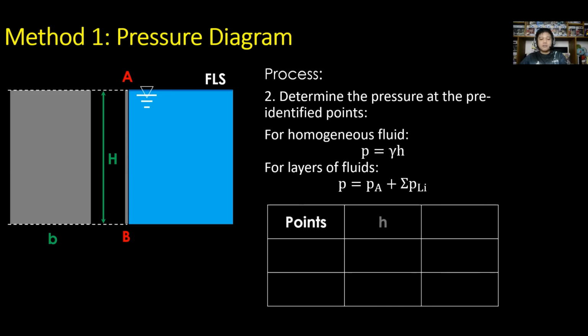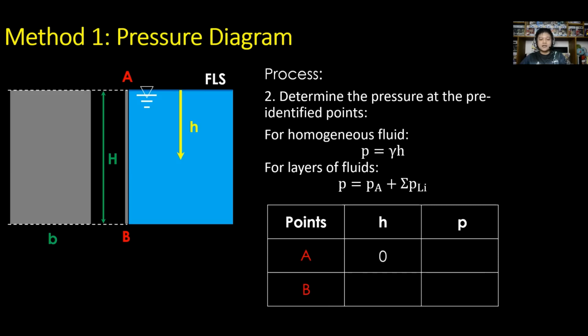So identify the points, depth H, and finally pressure P. For points, we have A and B. For H, it is a depth measured from free liquid surface. For layers of fluids, the column for H is not needed.